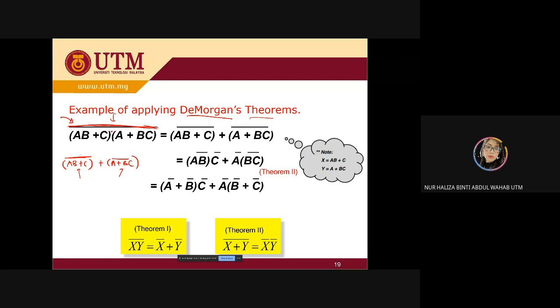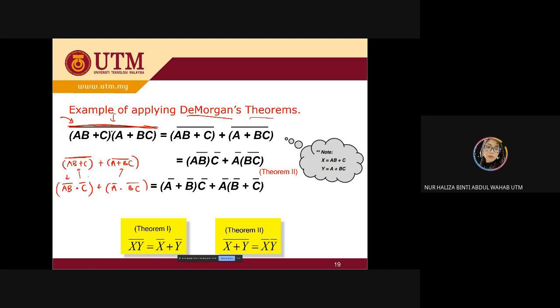Then the big thing you see here is also bar. So you need to simplify your bar. A B bar dot C bar. And from here you are going to add A bar dot B C bar.